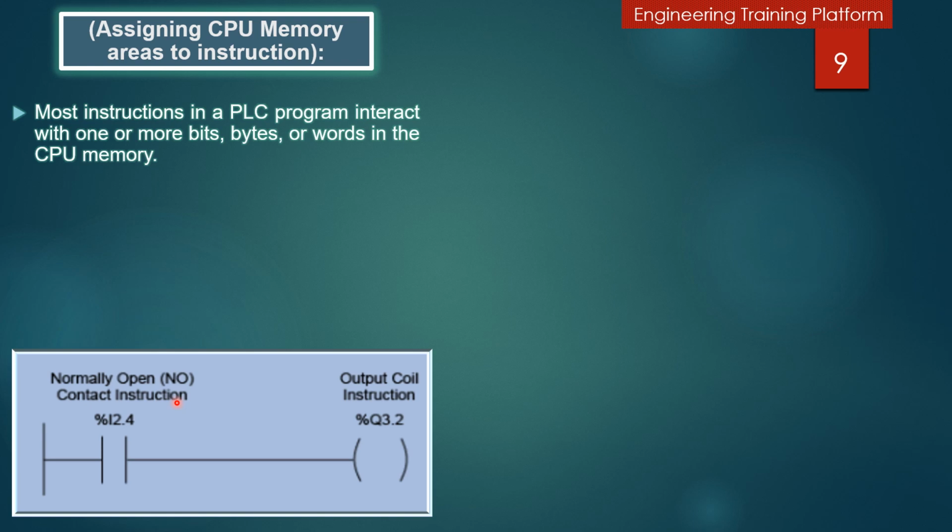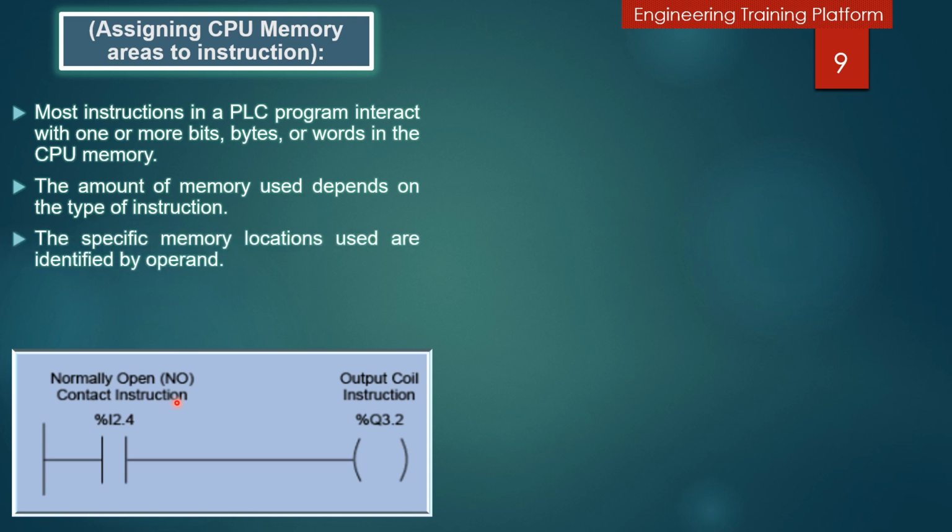Most instructions in a PLC program interact with one or more bits, bytes or words in the CPU memory. The amount of memory used depends on the type of instruction. The specific memory locations used are identified by operands. The instructions each use a 1-bit memory location.